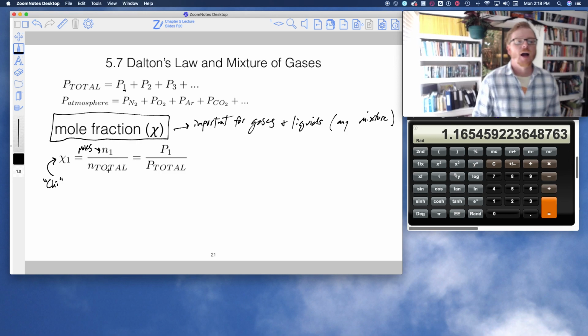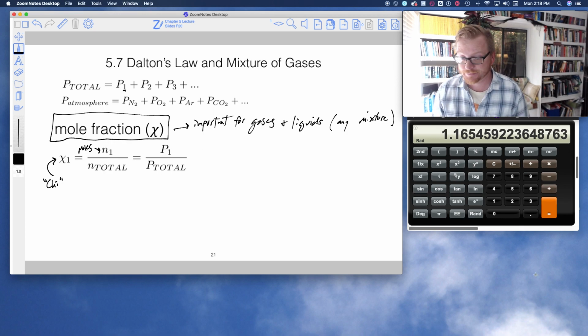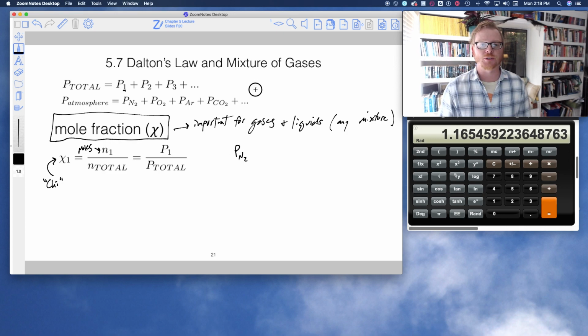Okay? And as it turns out, in ideal gases, this is pretty cool. The mole fraction also just equals the pressure fraction. Okay? So when we start to write these things, we call these partial pressures. And obviously this is the total pressure. Okay?